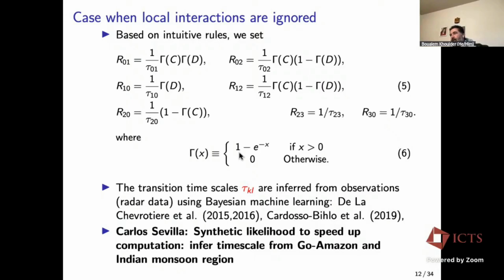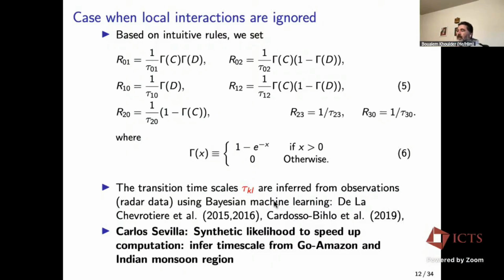So what we can do, actually, this model allows us to infer them from data. If you have cloud data, like from radar or from large-eddy simulations, and you have the predictors that produce them, then you have a time series, and you can learn these parameters by doing some Bayesian inference.